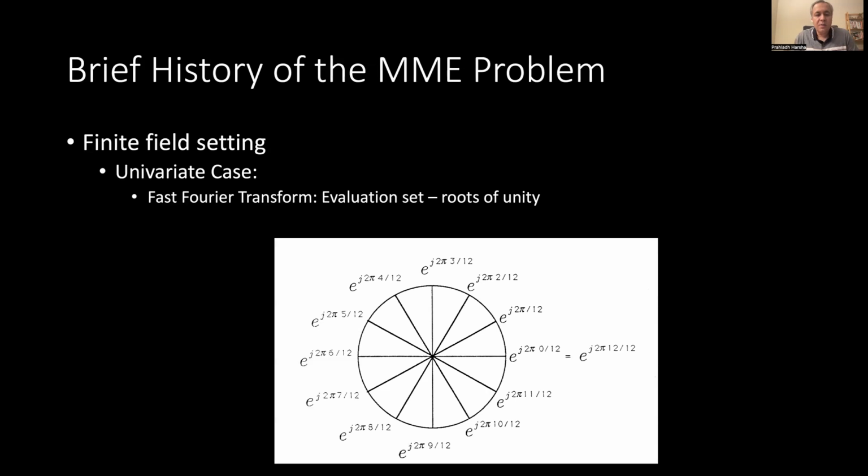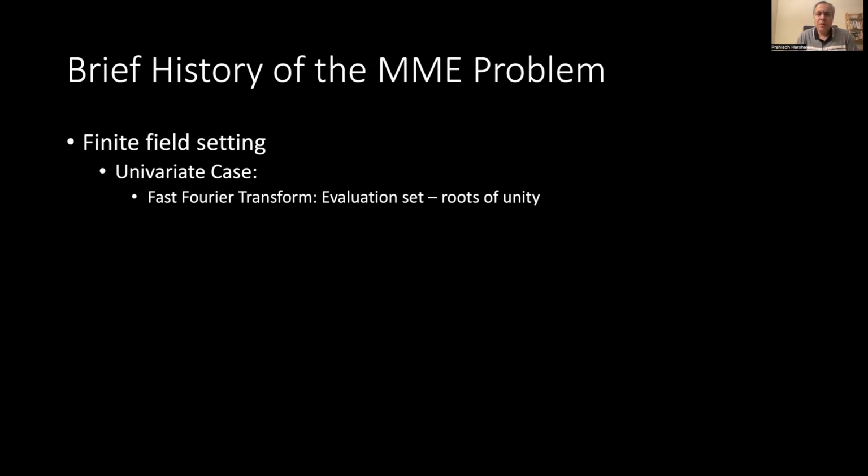In particular, they are the roots of unity. Borodin and Munro then extended this classical FFT algorithm to solve the univariate multipoint evaluation problem when the input is an arbitrary set of points, not necessarily the roots of unity, albeit in the univariate setting.